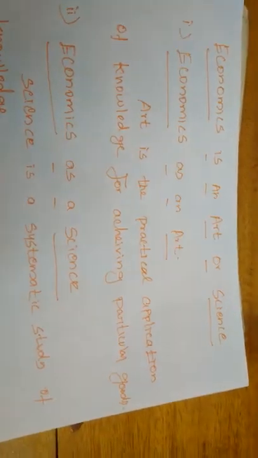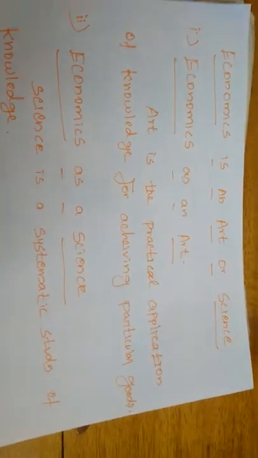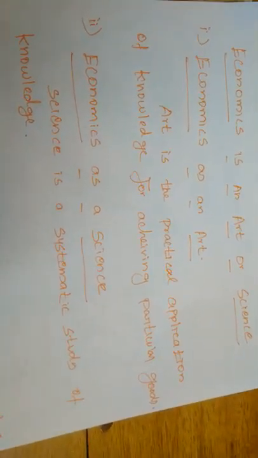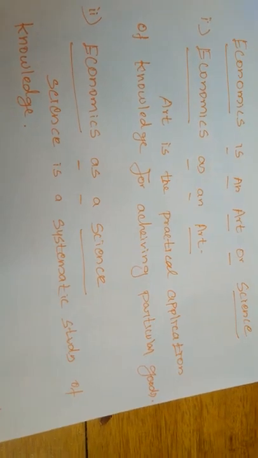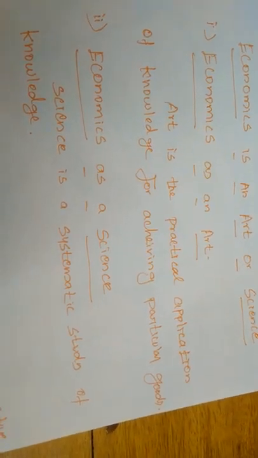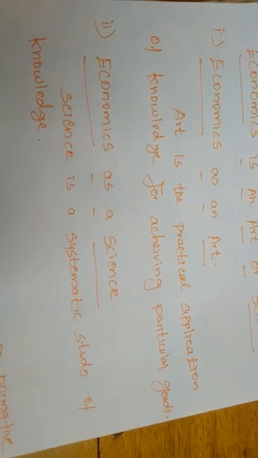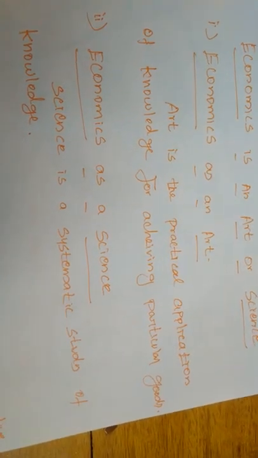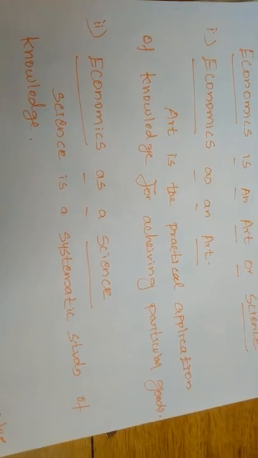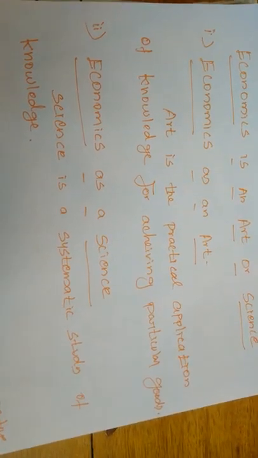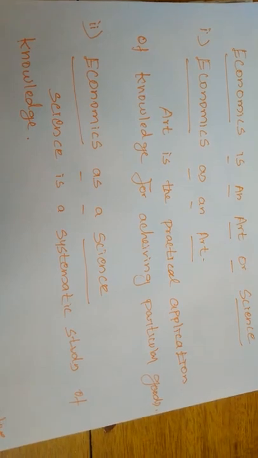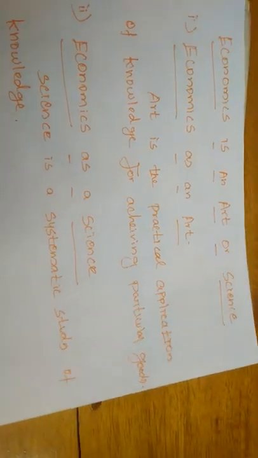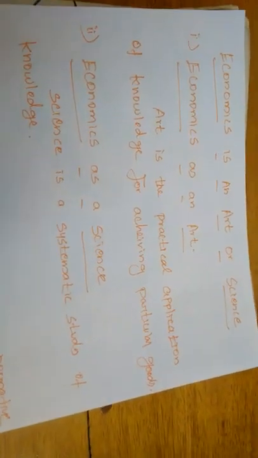First we will talk about economics as an art. What are the points for considering economics as an art? First we have to know the meaning of art. Art is the practical application of knowledge for achieving particular goals. If you want to achieve particular goals, we have to apply some practical knowledge. So in economics, what are we going to achieve?